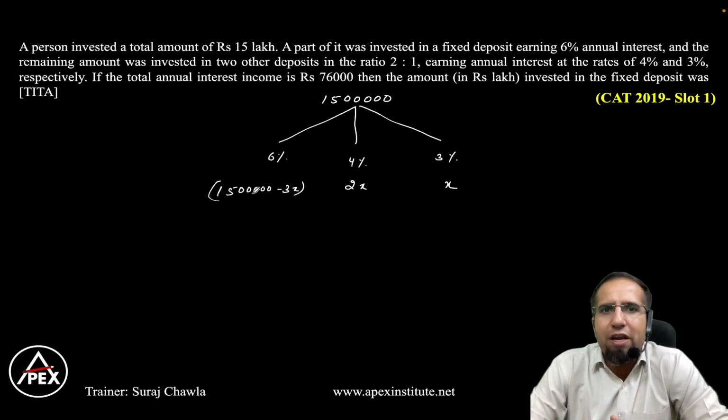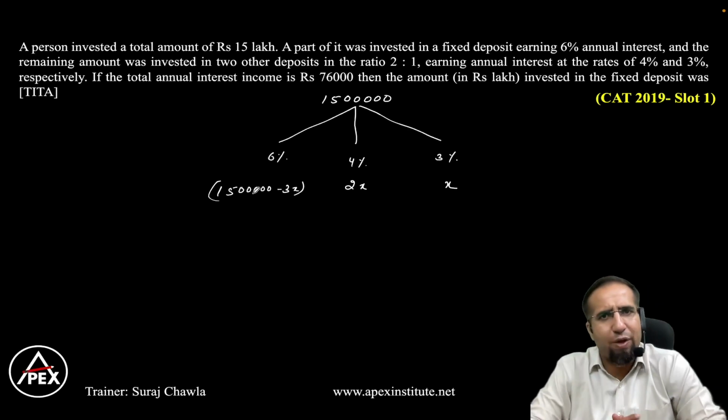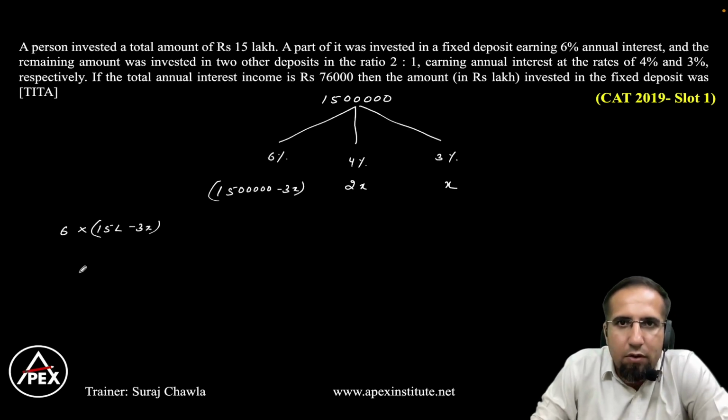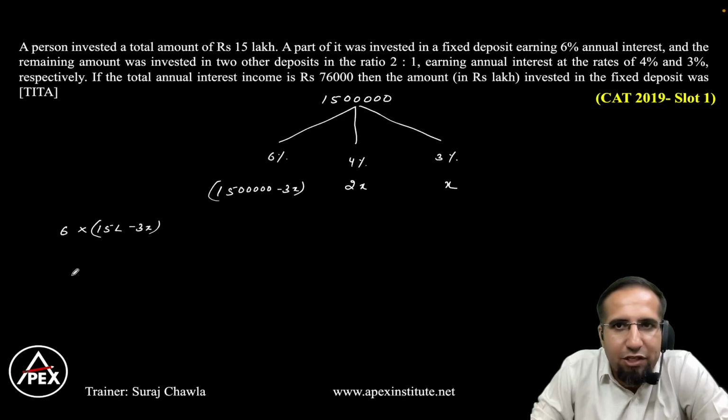Clear? So if the total interest income is 76,000, again a very simple question. So total interest income here becomes P into, let us write 15 lakhs minus 3x. For how many years is the question talking about? Annual interest amount for the deposits. That's it, so annual interest income.